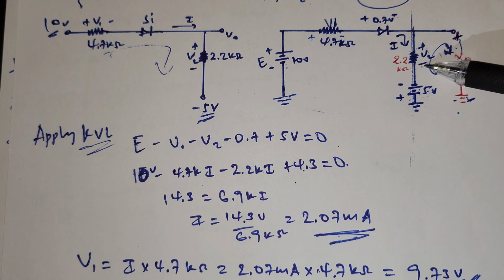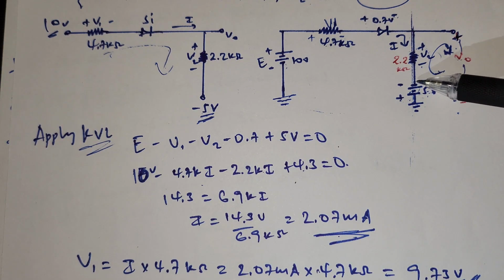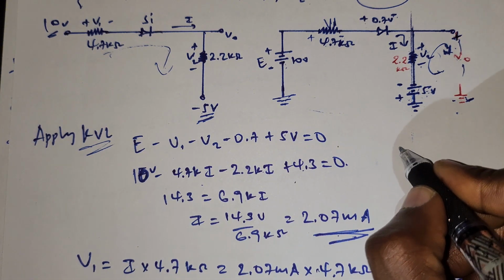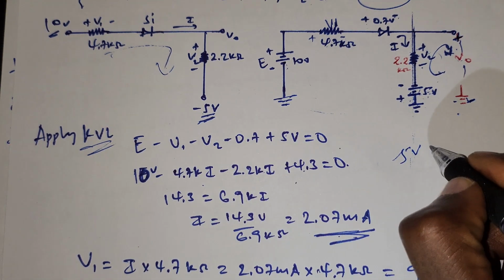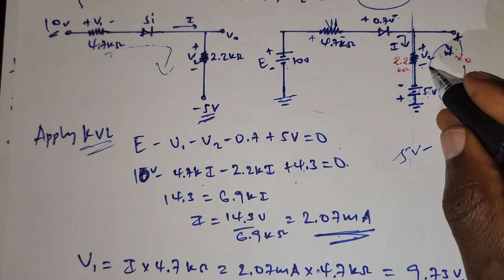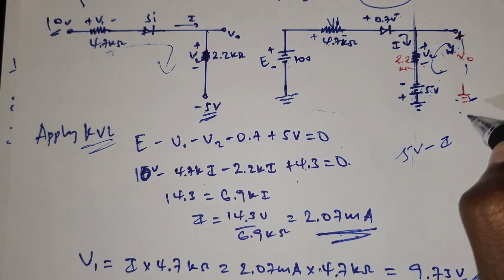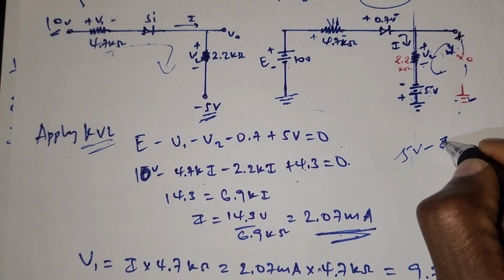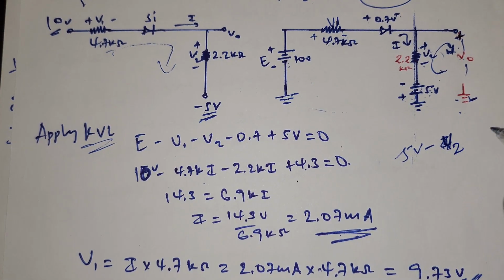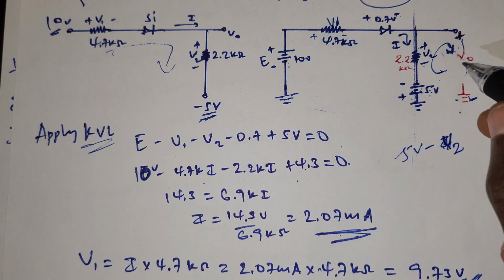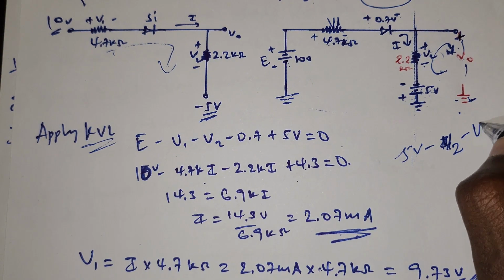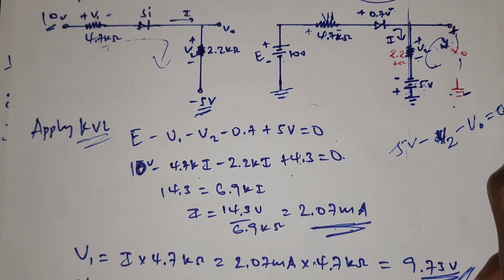But this resistor is assumed. We assume the current to apply KVL. So 5 volt minus, we assume, V2 minus V output, which is equal to 0.